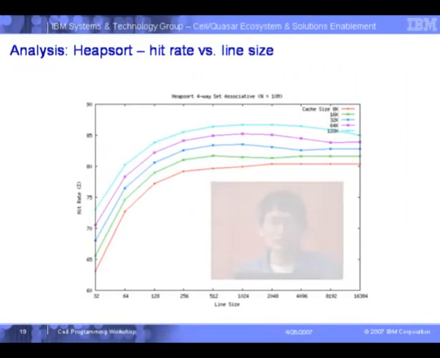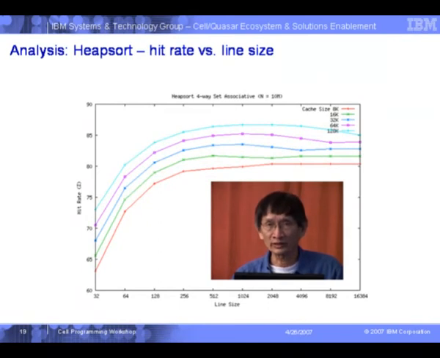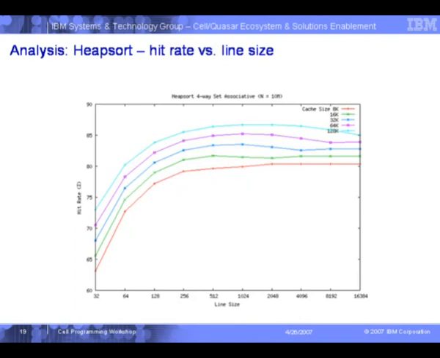This is the quick sort runtime versus line size, and this is the hit rate versus the line size, and different, heap sort, right? This heap sort behavior is more or less based on the cache size as well. We can see that the hit rate jumps between 76, 77% or 80 something percent.